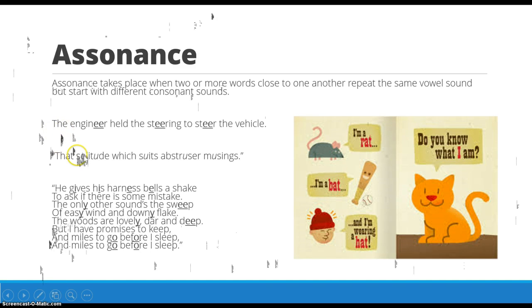Wonderful. We've got repeated U sounds here in the second example. And then we've got some repetition in, that's my dog if you can hear that weird noise. Come here. Then we've got some repeated vowel sounds here from our dear friend Robert Frost.